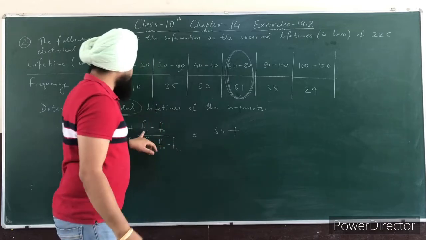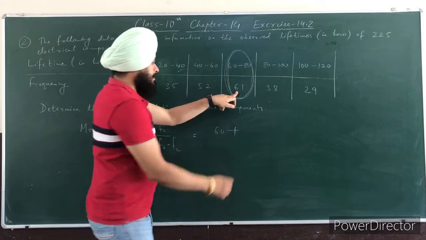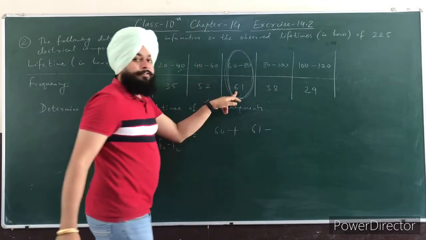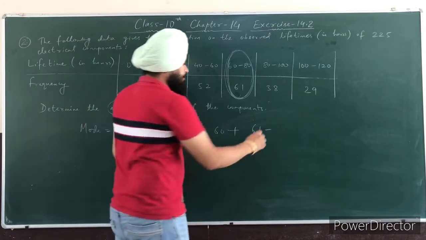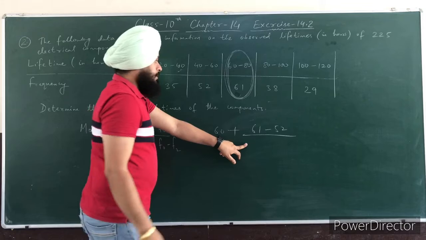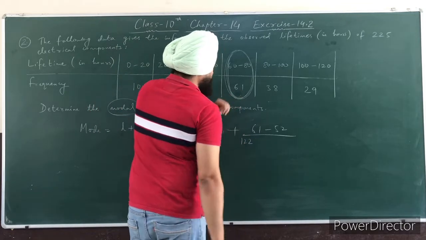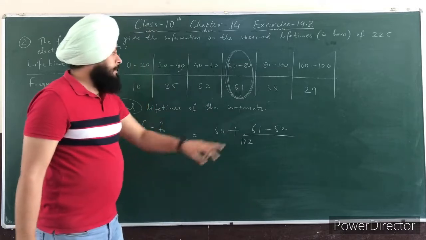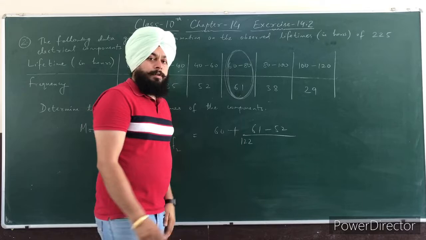Plus f1 minus f0. f1 is the frequency of the modal class, so it is 61. Minus f0. f0 is the frequency preceding the modal class, so it is 52. Divided by 2f1. So 2f1 is how much? 122. Clear, students? So you have to multiply 61 with 2. 2 ones are 2 and 2 6s are 12.